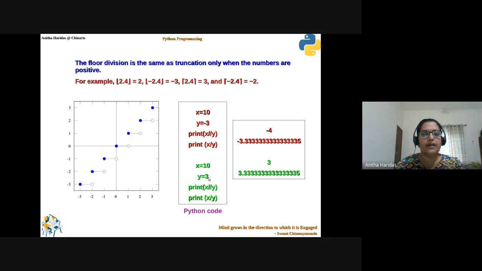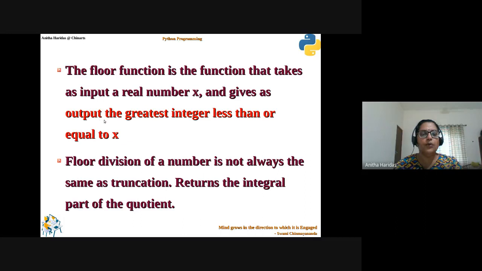So 10 divided by 3, if I am giving normal division this way, it is going to be 3.3333, etc. Whereas if it is floor division, x double slash y will give you only 3, right? Now, what you have to observe here is it gives the output as the greatest integer less than or equal to x.